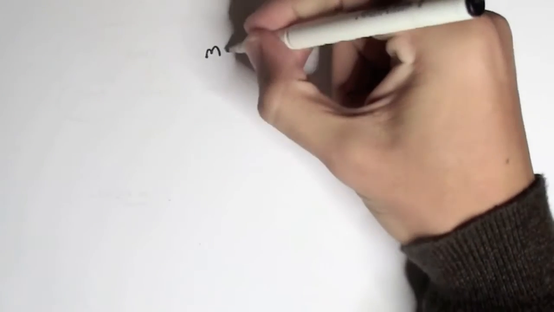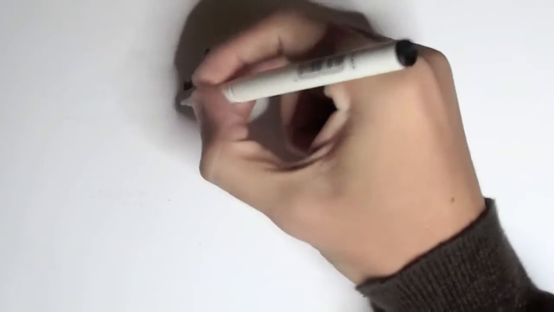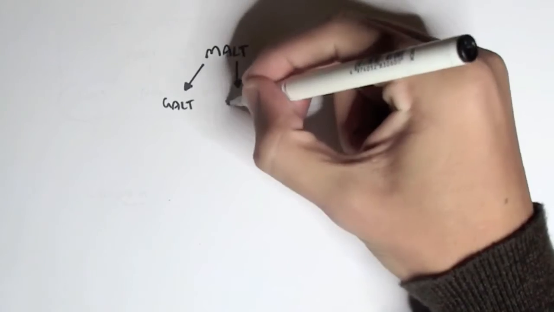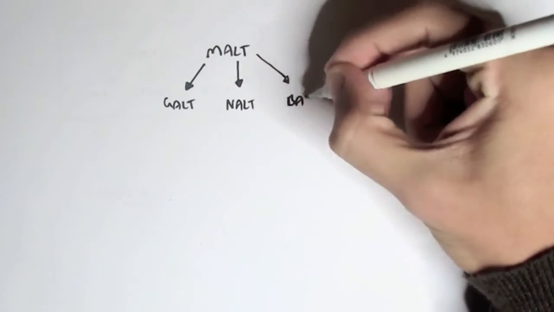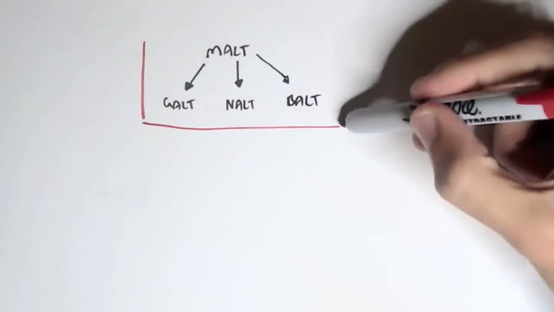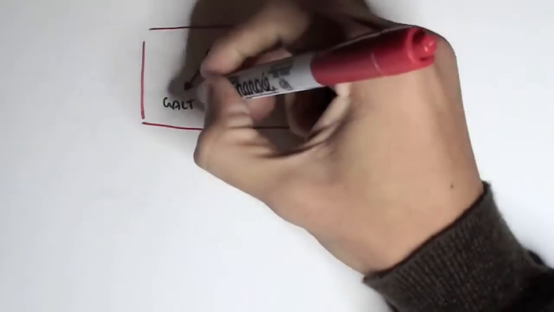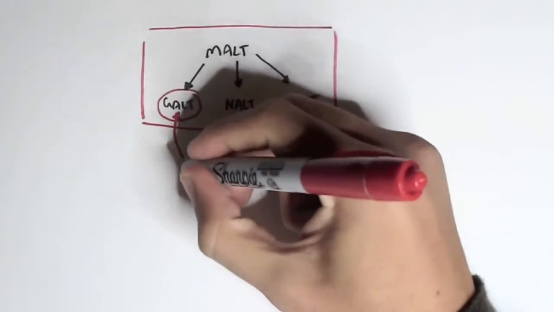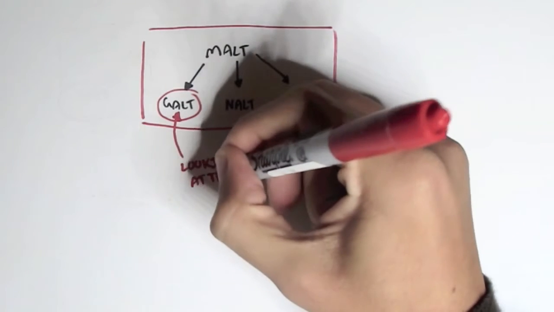So MALT is essentially a big abbreviated word denoting all the other smaller specific mucosal surfaces. So MALT can be GALT, which is specifically the gut, can be NALT, which is specifically the nasal cavity, or can be BALT, which is specifically the bronchus, the lung. In this series of videos, we will be specifically looking at GALT, the gut-associated lymphoid tissue, as well as the gut immune system and immune response.